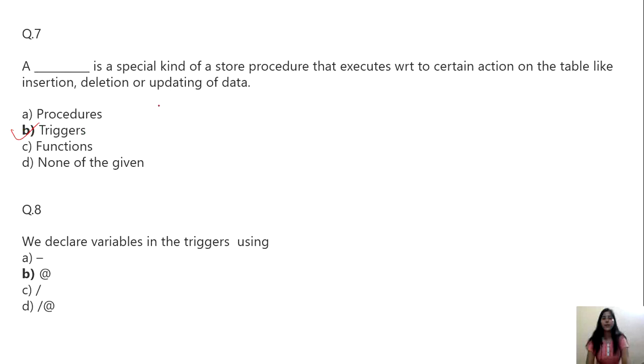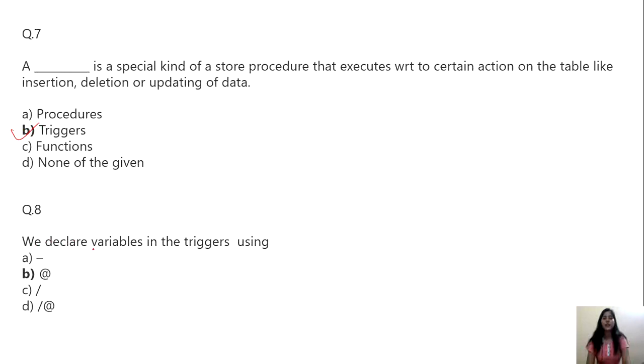Most of the time they can ask you about triggers and stored procedures, so make sure to just have a look on them once, right? So a trigger is a special kind of stored procedure which is automatically called whenever any sort of operation like insertion, deletion, or updation is performed. So the correct answer for this one is trigger.